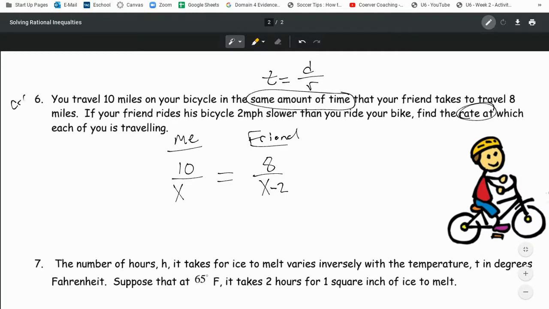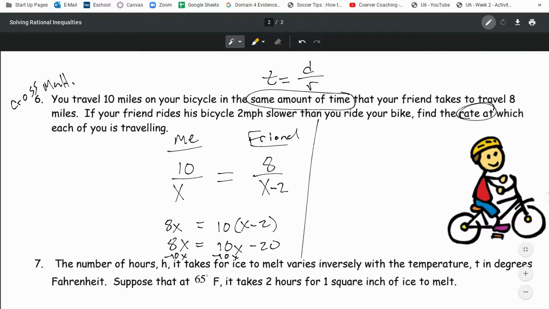So this is another one that is cross multiplication. And you can tell they're a little bit different to set up, right? So now I just cross multiply. I get 8x is equal to 10 times x minus 2. I start to solve this. I'm going to go ahead and subtract 10x from both sides.